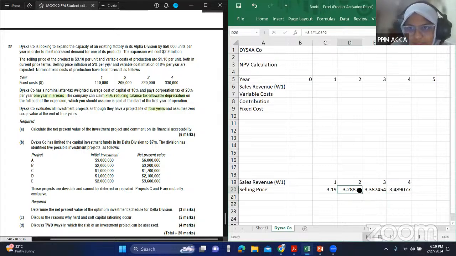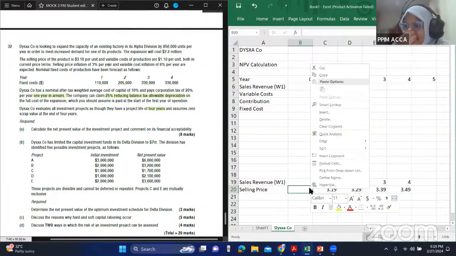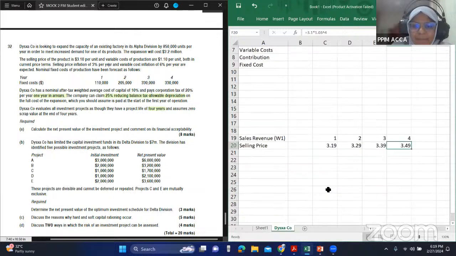Let me just check if everything is correct. 2, 3, 4. Yeah. So let me make all of this 2 decimal places. Okay. So you have selling prices as 3.19, 3.29, 3.39 and 3.49. Okay. So that's the selling price.